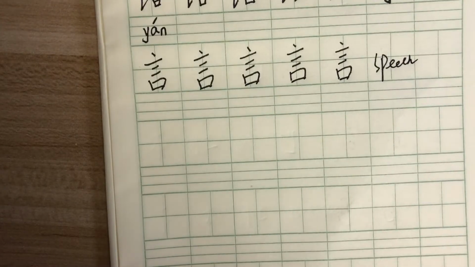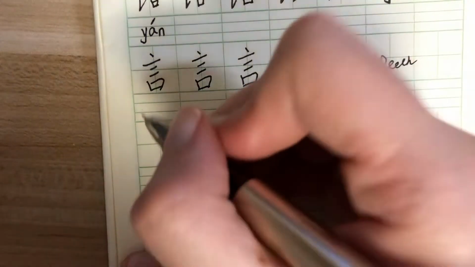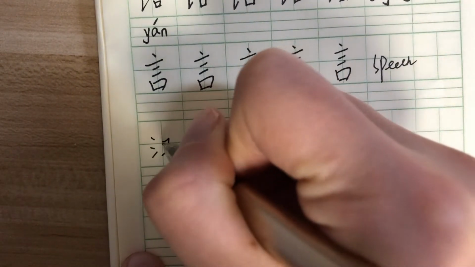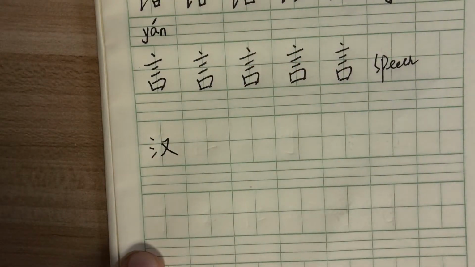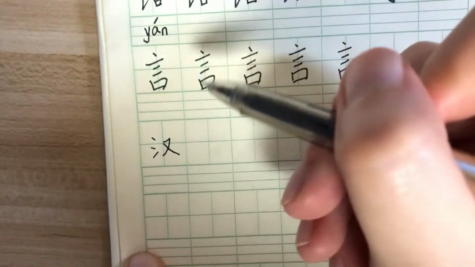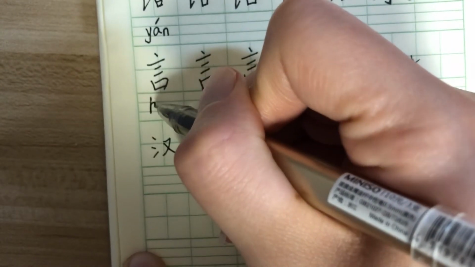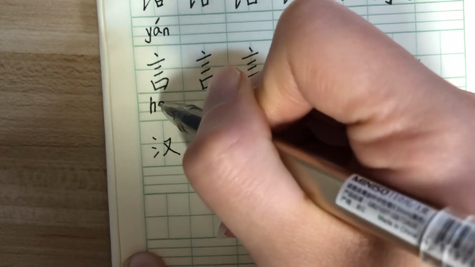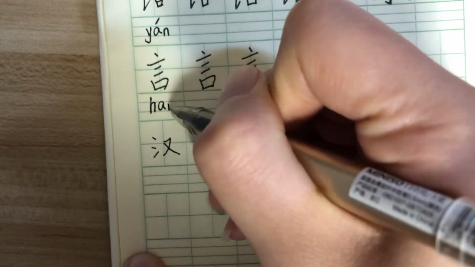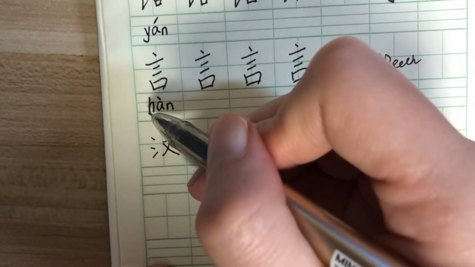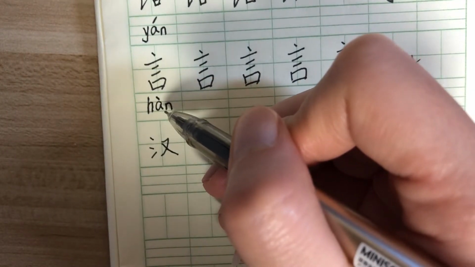Okay, next one. 汉. It means Chinese or anything related to Chinese. For example, 汉语. It means Chinese language. Its pinyin is Han. The initial is h and the final is an.